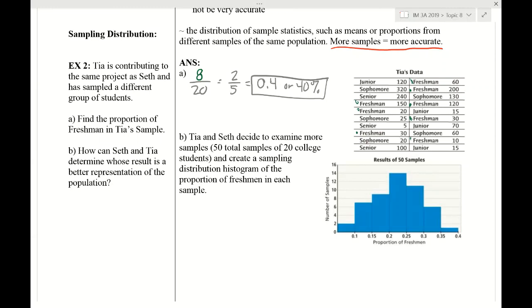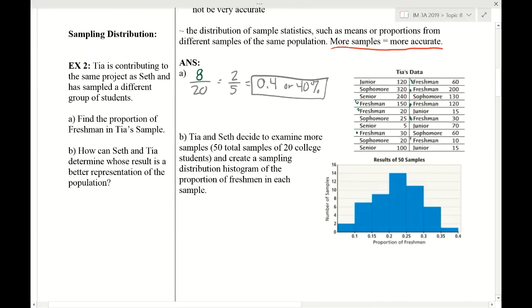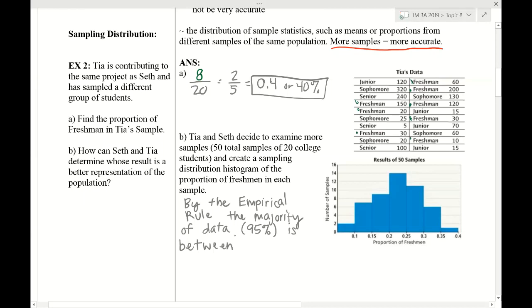So by the empirical rule, one thing that we need to think about is where the majority of the data lies. By the empirical rule, the majority of the data, and we're going to look specifically at that 95% mark on the empirical rule, is between 2 standard deviations from the mean.